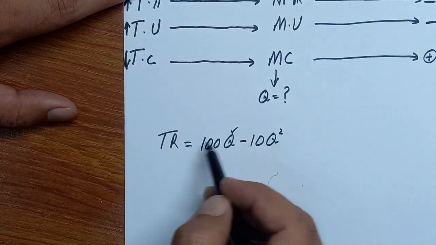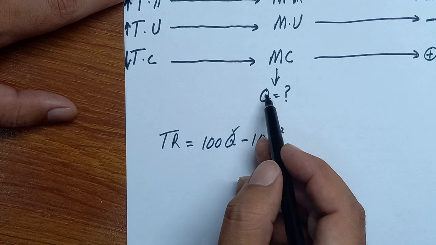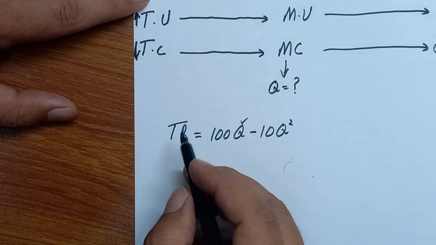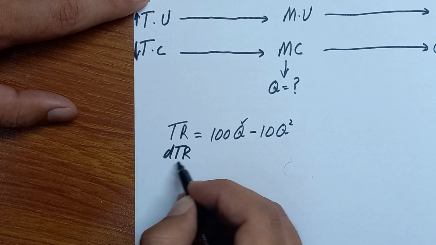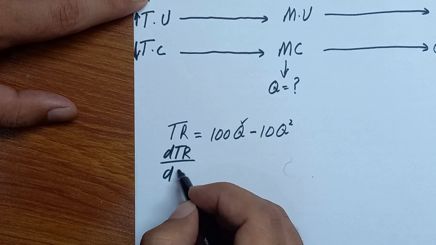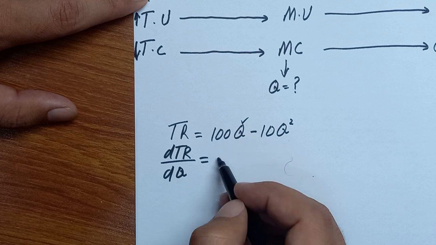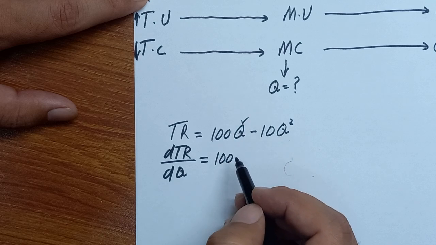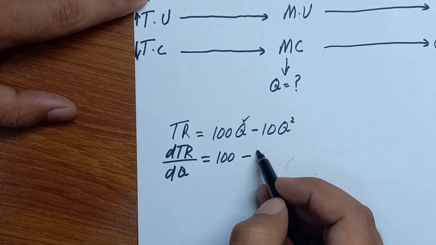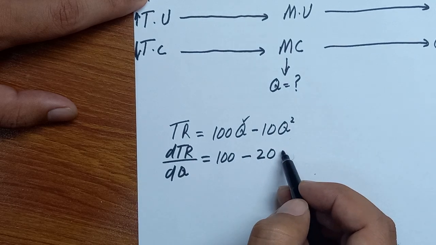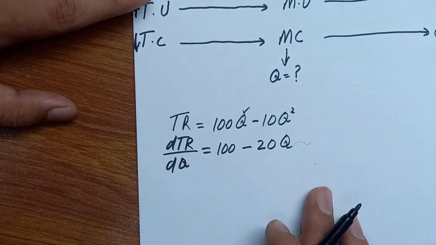We will find the derivative of this function, then we can find the value of q. So it will become 100, and it will become minus 20q.